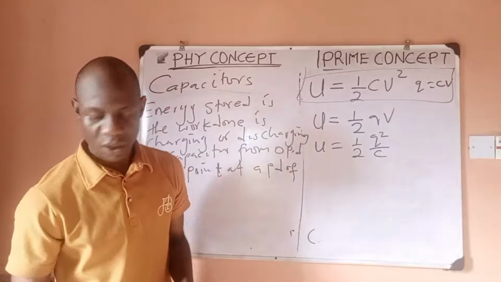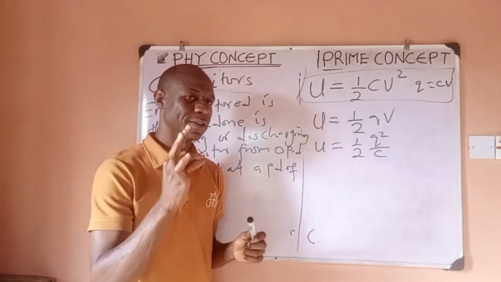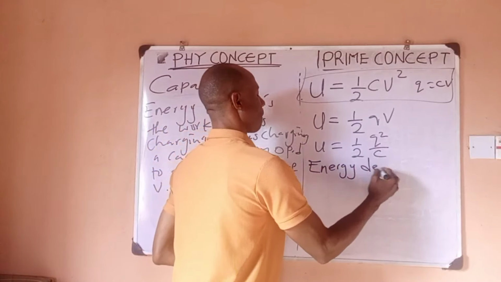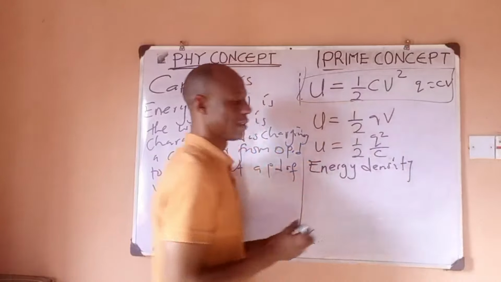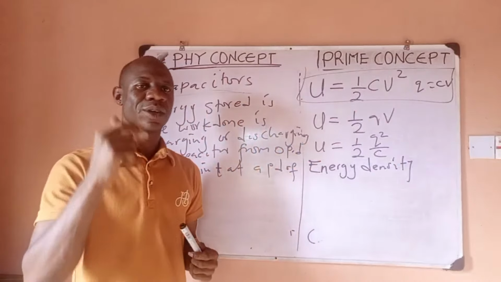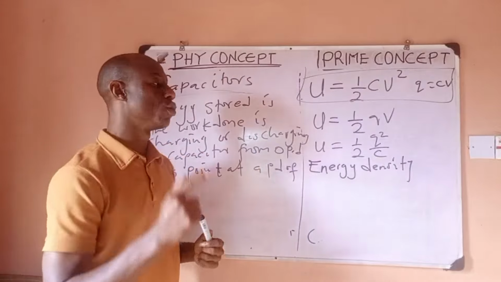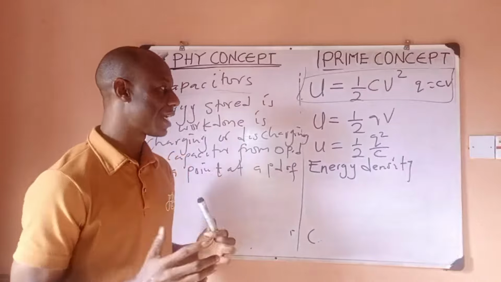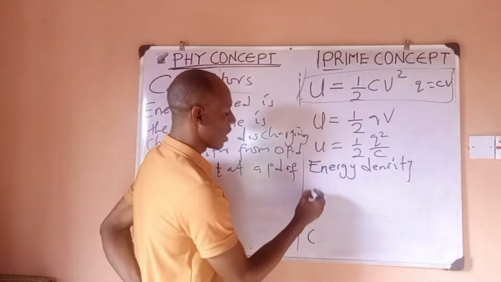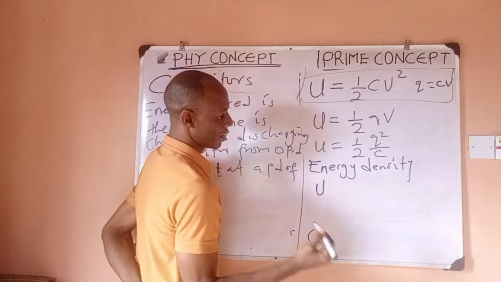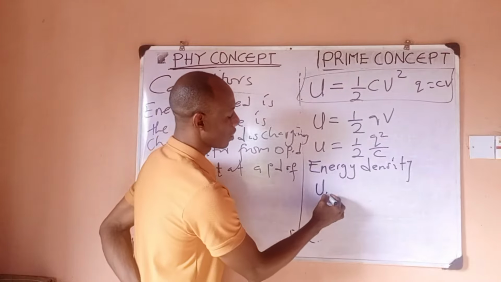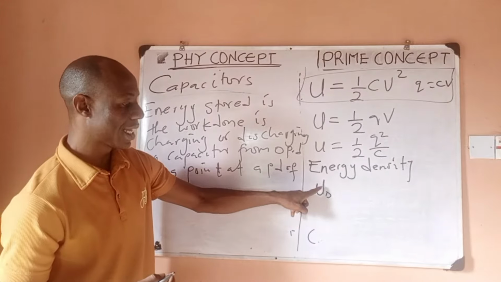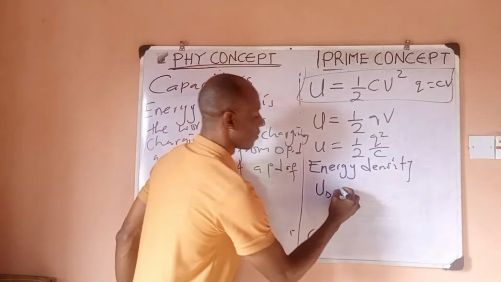Now we also have what we call energy density. Energy density is actually energy per unit volume. Energy per unit volume is what you refer to as energy density. So for that, we usually use small letter u, but since my hand may not be able to differentiate, I'll just use U with a subscript of D, telling you that this is energy density. So what is the formula for energy density?